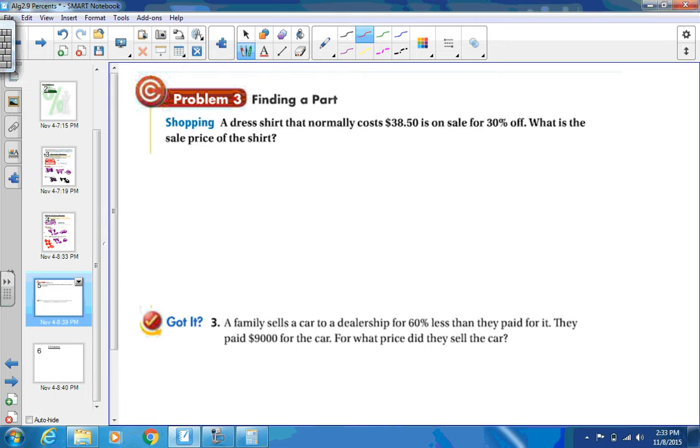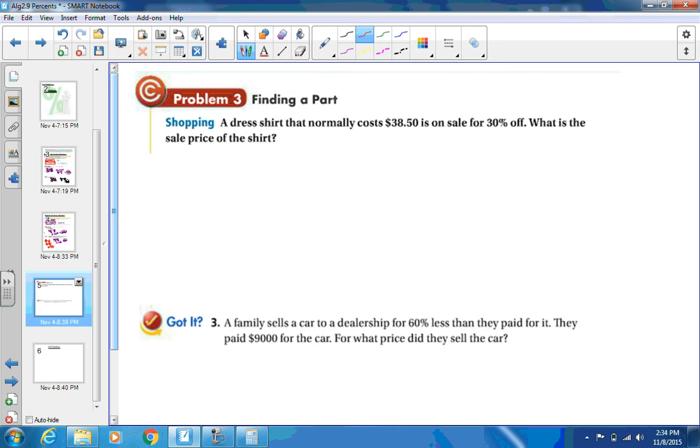I have 2 word problems here that we'll go through quickly, and they're not going to be too much different than what we did. Although let's just read it through. For problem 3, it says a dress shirt that normally costs $38.50 is on sale for 30% off. What is the sale price of this shirt? All right, so this is a little bit different, because we're not finding the percent of something.